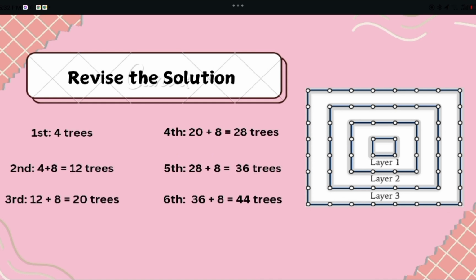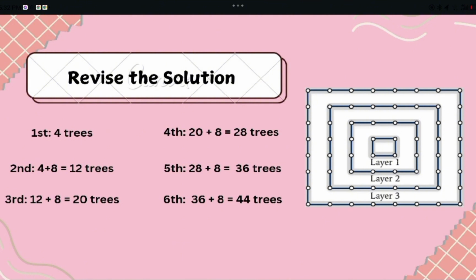To check, in the first layer, first square, we have 4 trees. In the second, we have 4, we add 8, so it becomes 12 trees. In the third, we have 12 trees plus 8 trees again, so it becomes 20 trees.